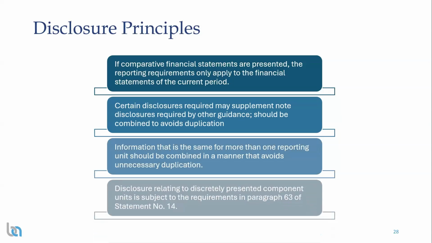And then disclosure relating to a discretely presented component unit is subject to the requirements in paragraph 63 of Statement 14, basically saying that you can have 10 discretely presented component units, but which ones are really the more significant, or for which will the disclosure be required? GASB 63 talks about the relationship of the component unit to the primary government and the significance of the relationship.